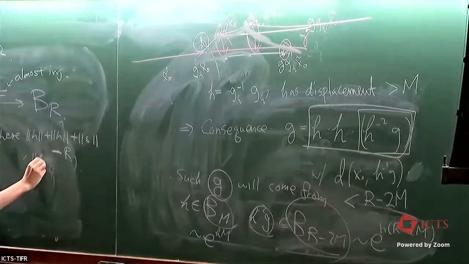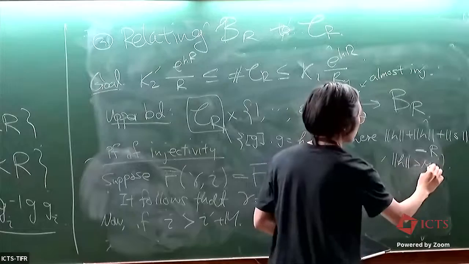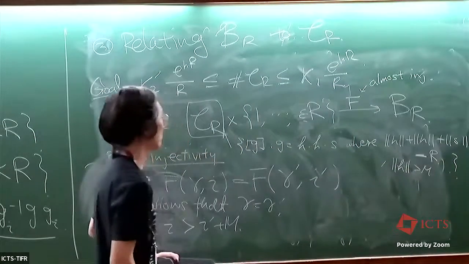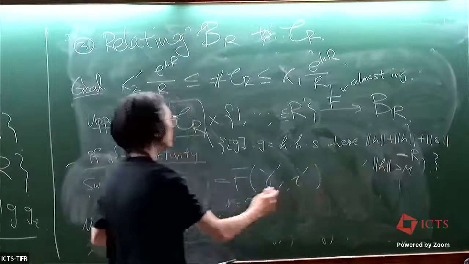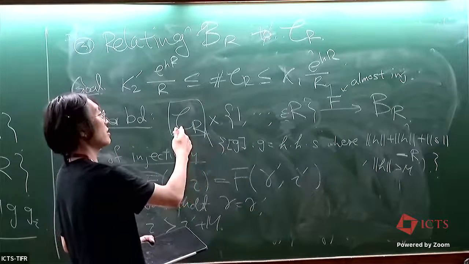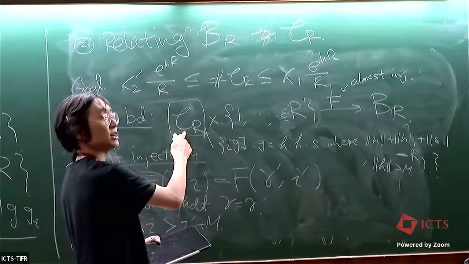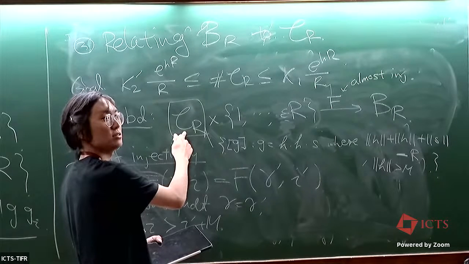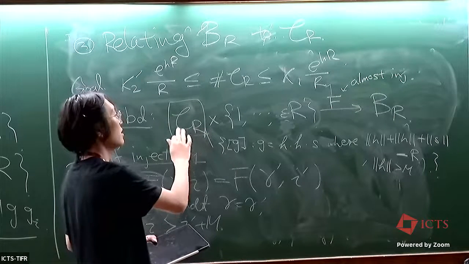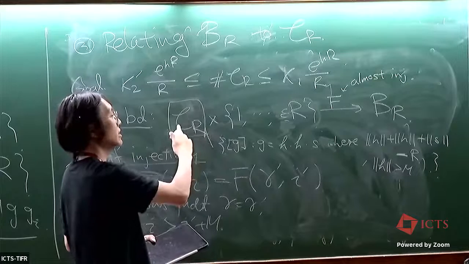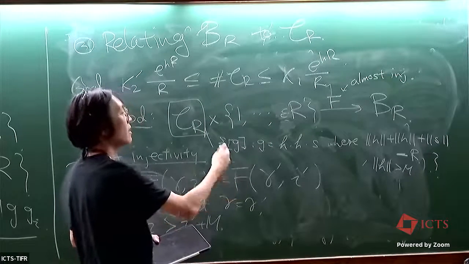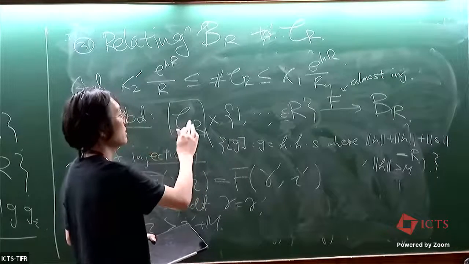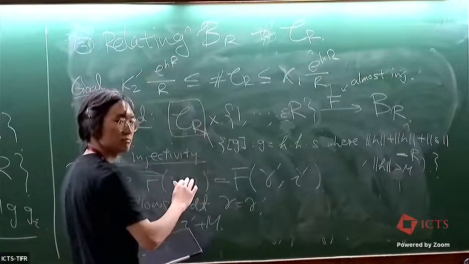And this is greater than m or something. Basically, this population is negligible compared to the population of CR. So you can just ignore them, like you're just recruiting half of CR. And with the additional index, you construct F, and the injectivity holds on this domain.